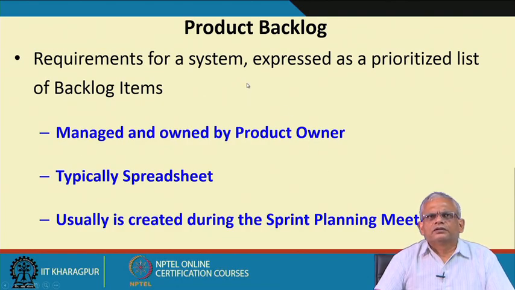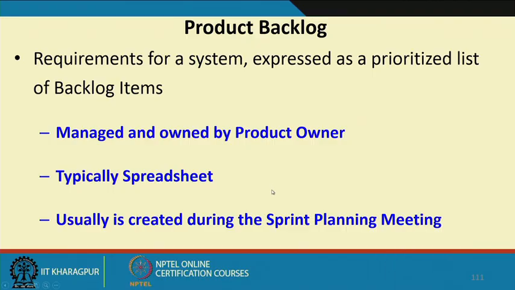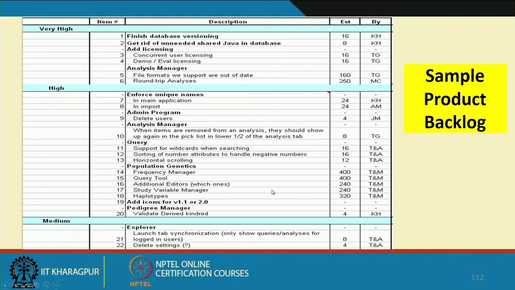The product backlog is basically managed by the product owner, who typically maintains it in the form of a spreadsheet, and it is usually created during the sprint planning meeting.